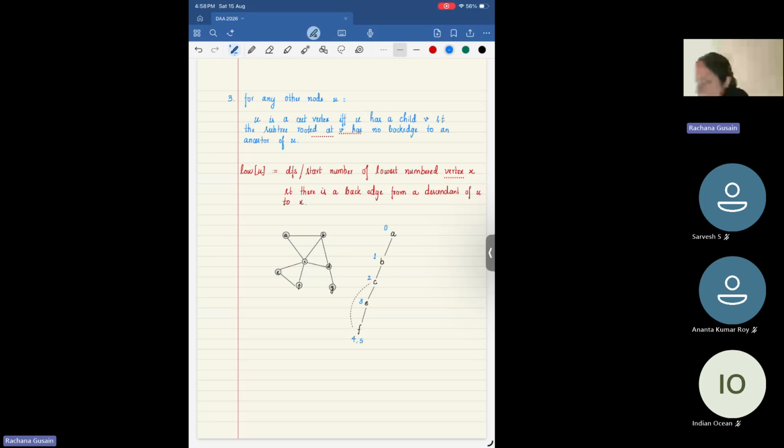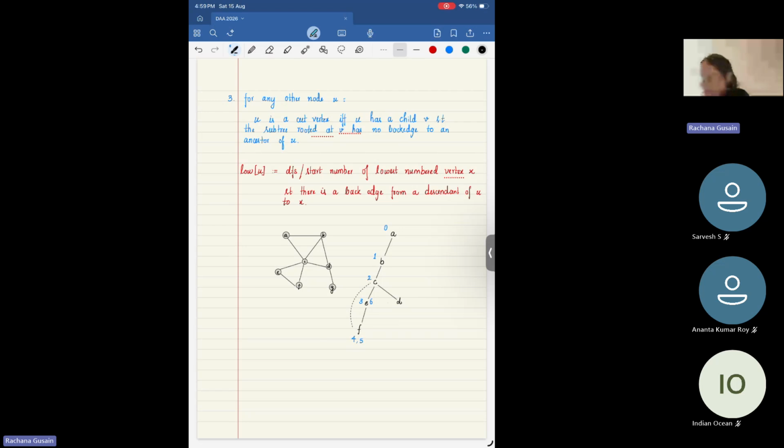I come back to E. E is done, so I'm done with E at time 6, and go back to C. From C, what will we do? We'll explore any vertex which is not yet visited, right?